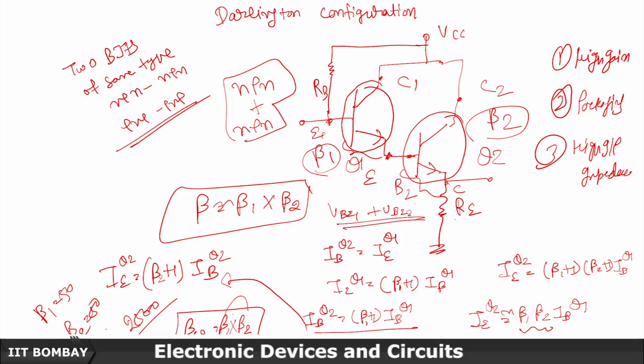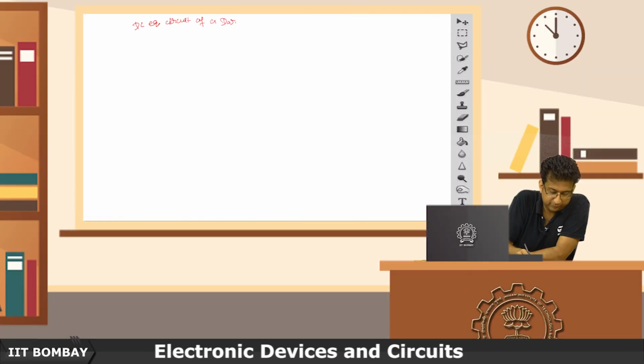So I will quickly do that for the Darlington configuration. I will just figure out the current IB1 and how it looks close to the other configurations that we have so far discussed. So let me just draw the DC equivalent circuit of a Darlington pair.